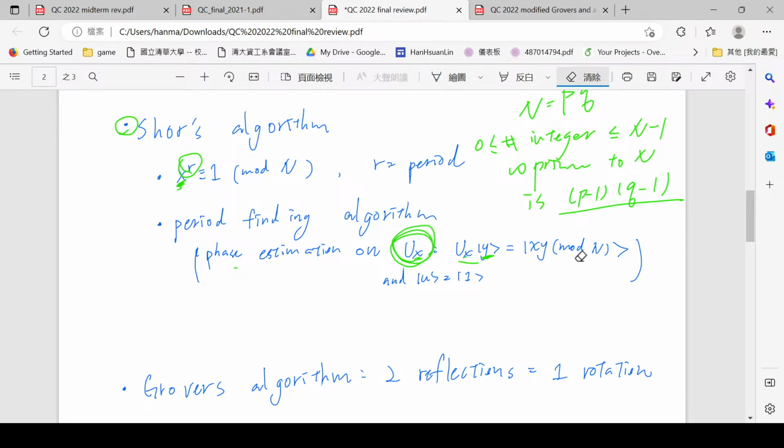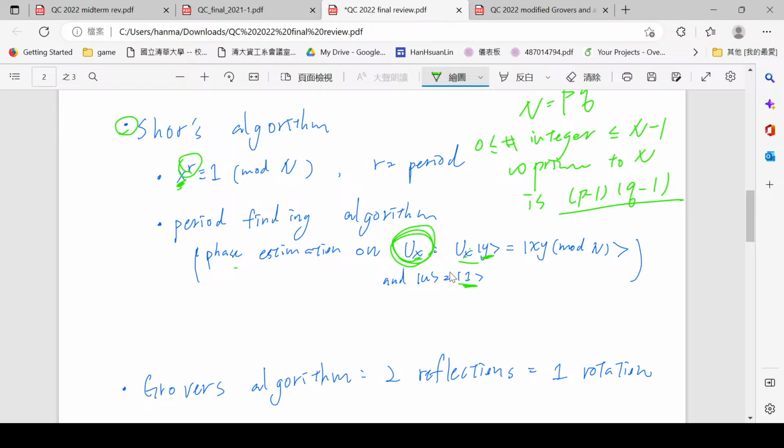We argued in class that the eigenvalues for this U_x live in the subspace generated from multiplying 1 with x.